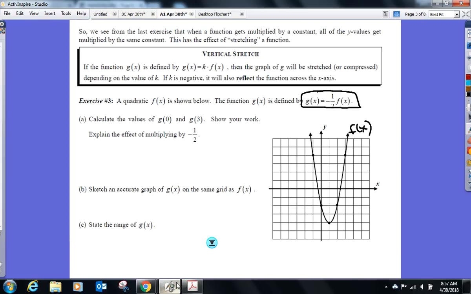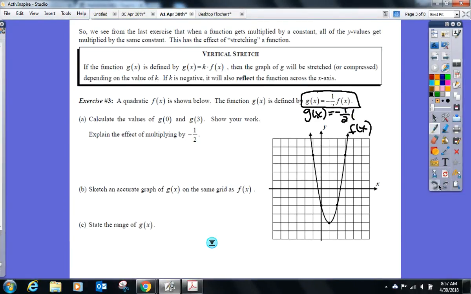I have f of x. I'm going to take all their y values and multiply it by what now, according to this rule? How do I get g of x? I multiply all the y's from f of x by, here, what's here? Ready? g of x equals negative 1/2 times f of x.